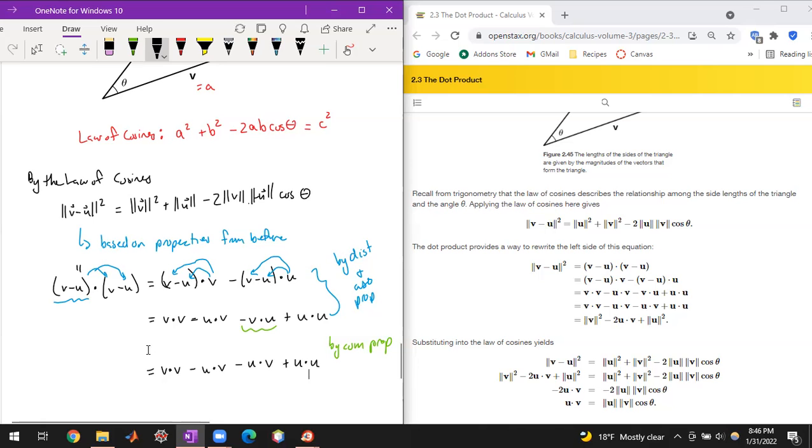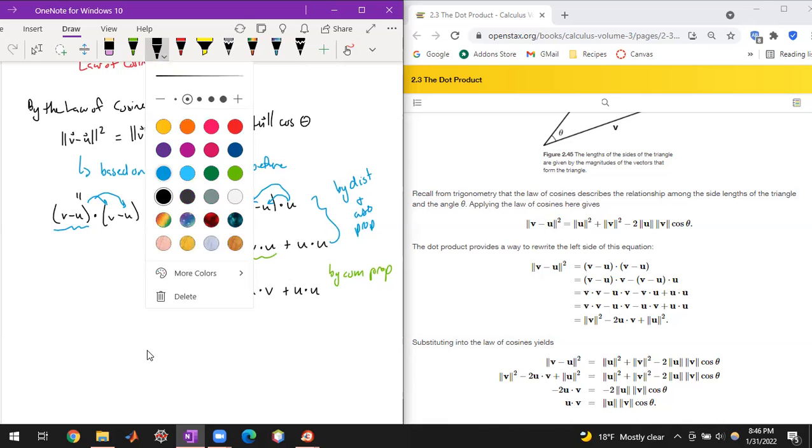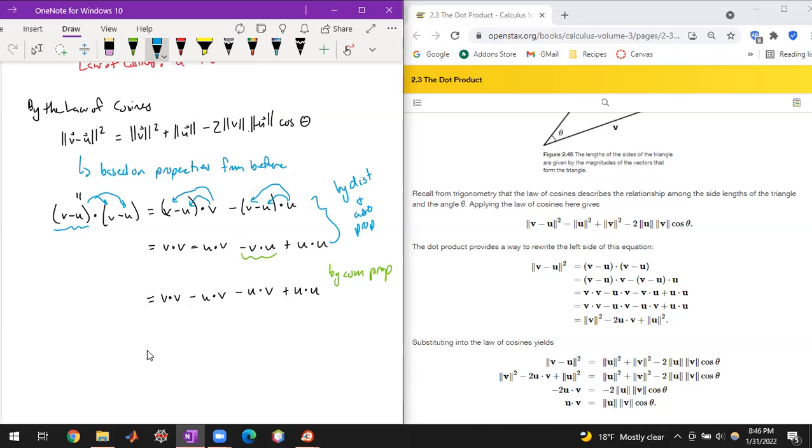All right, so we're taking this very, very slowly, one single step at a time. Bear with me. Remember our property of magnitudes, right? So that's going to say that this is the magnitude of v squared, and this is the magnitude of u squared. And then we can also combine like terms.